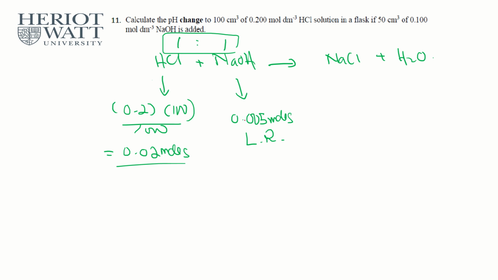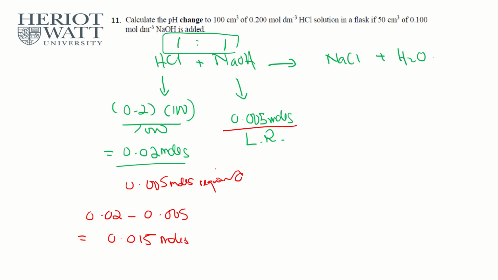If I have 0.005 moles of NaOH, how much HCl is needed? 0.005, of course. Required to react. So then what to do? The difference. I want to find the remaining HCl. So 0.02 minus 0.005, you get 0.015 moles of HCl. So we got the moles remaining.